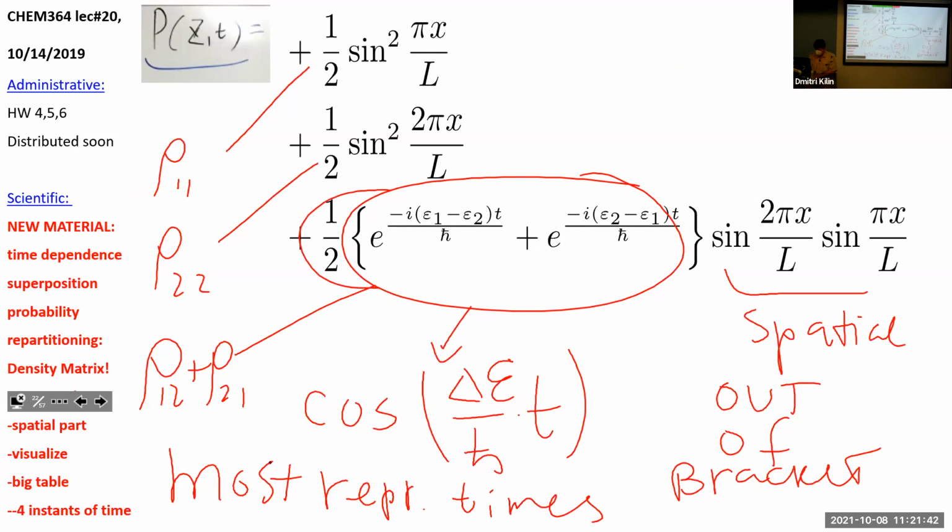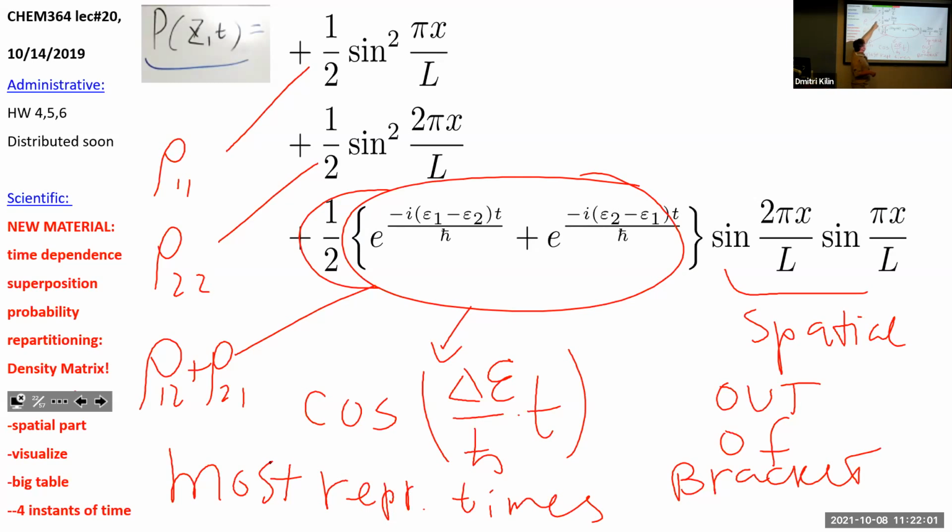So, according to the definitions that I'm not sure you were happy with, but at least you silently accepted, the coefficients which eventually depend on time are referred to as elements of the density matrix.